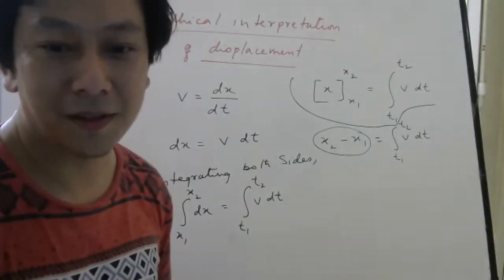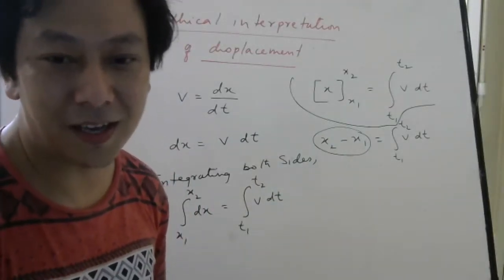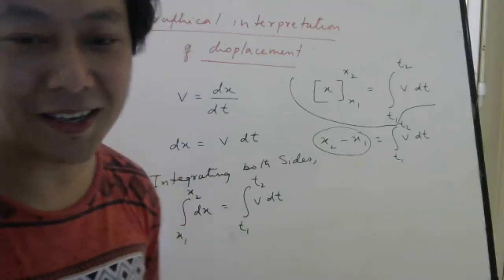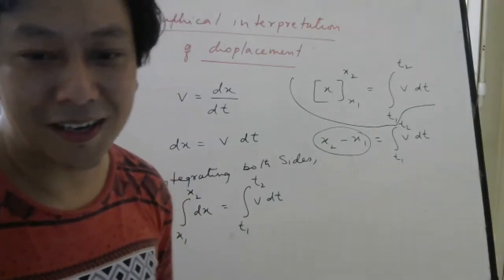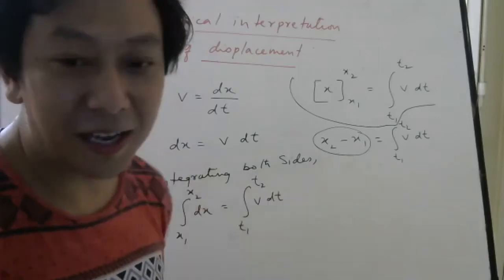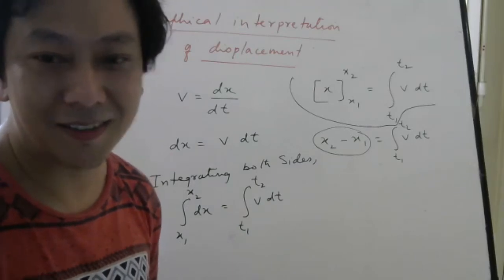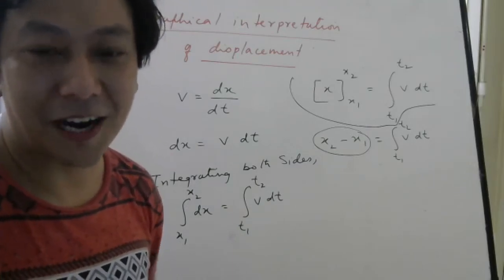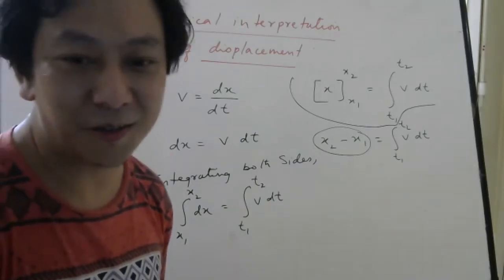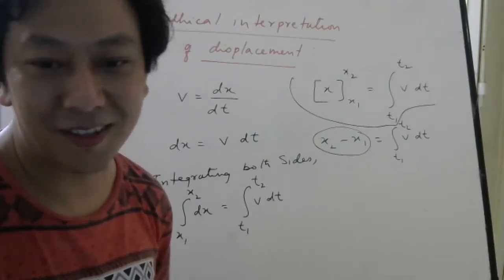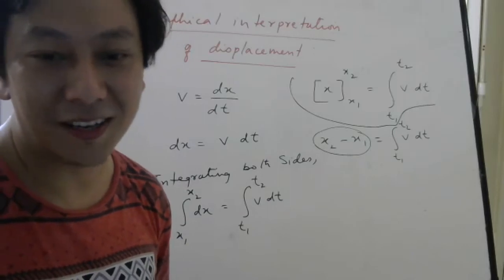The name for x2 minus x1. No, name, not symbol. Delta x is the symbol for this. What is the name for this? If I start from x1 and I go to x2, x is a coordinate.